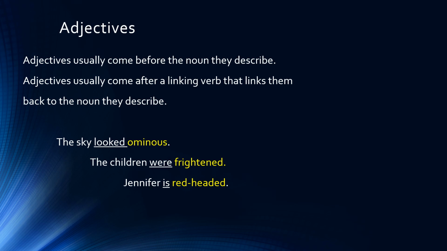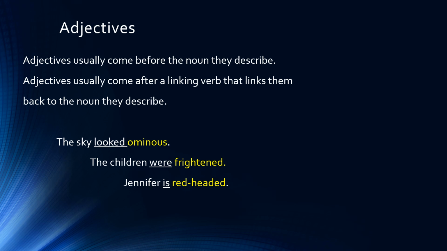The sky looked ominous. The verb looked is a linking verb. It's linking sky to ominous. The children were frightened. Again, were is a linking verb and it ties the adjective frightened back to the noun children. Jennifer is redheaded.